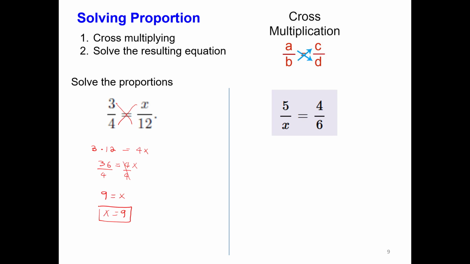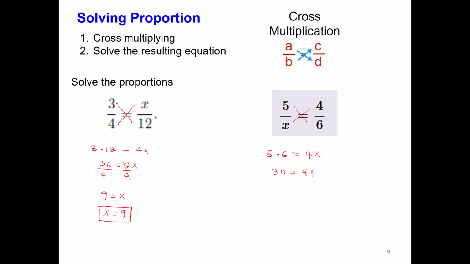In this case, we have 5 over x equal to 4 over 6. And we have a proportion, then we can use the cross product to solve the problem. Then 5 times 6 equals, we apply the cross multiplication, x times 4, which is the same as 4x. 5 times 6 is 30.